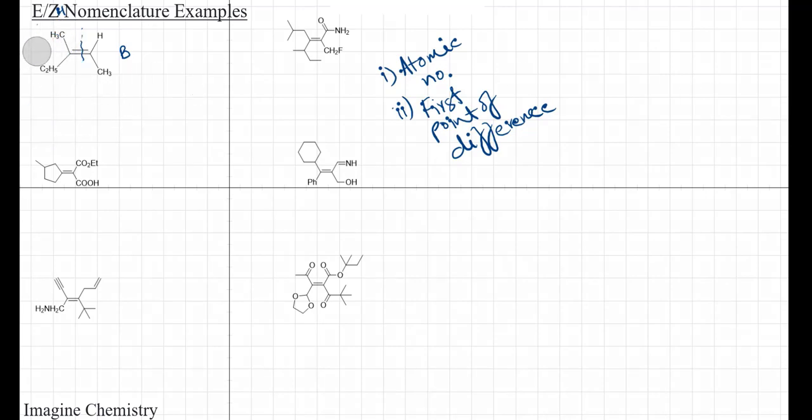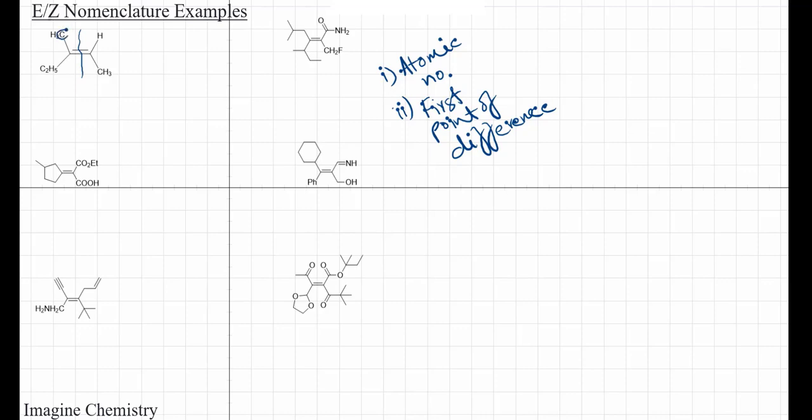For the upper group, the carbon is attached to a methyl group. So the first point of attachment for both groups is the same, that carbon is attached to carbon on both sides. But the difference is at the second point, right?